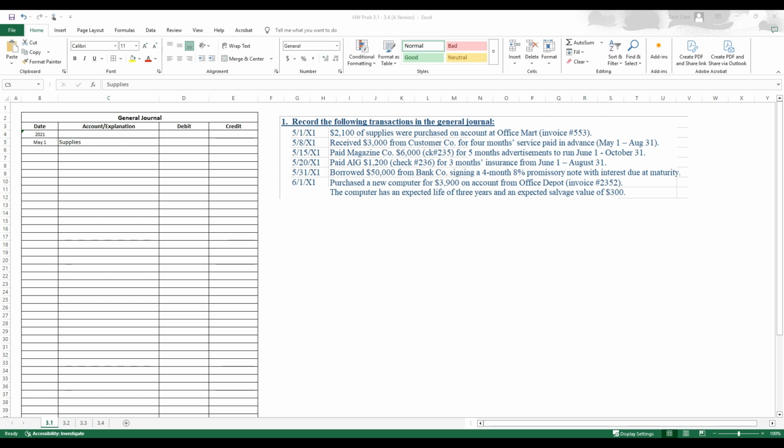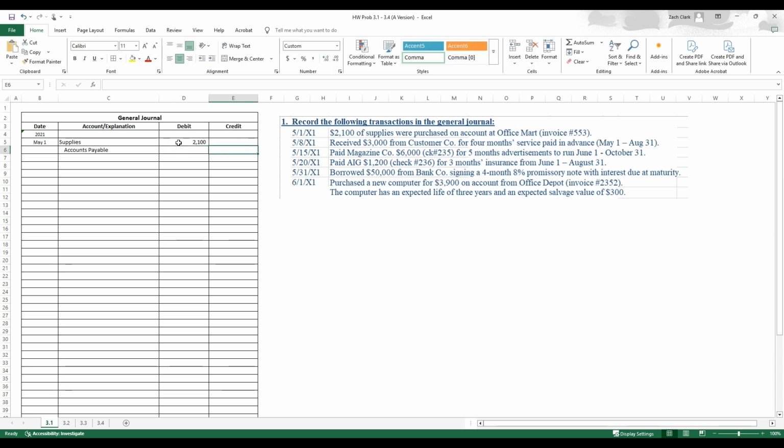And we are buying these supplies on account. Remember that indicates that we haven't yet paid the cash for these supplies, and instead are going to pay it later. So we need to use our accounts payable account to record the liability to indicate that we'll pay that amount in the future.